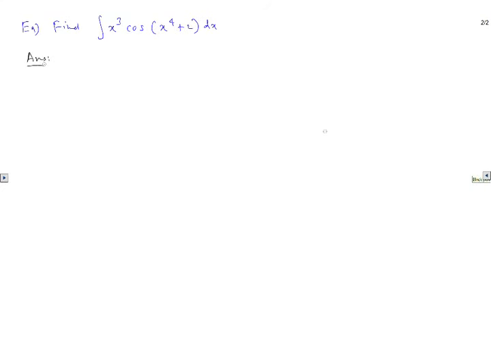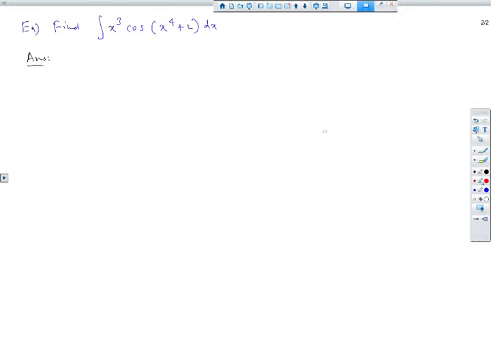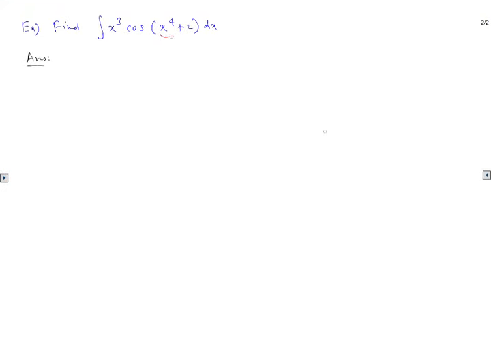Okay, can someone tell me what is the substitution this time? Do you see the inside function? What is the inside function? What is inside? It is x to the 4th plus 2. So that's the inside function that you're going to pick as u.